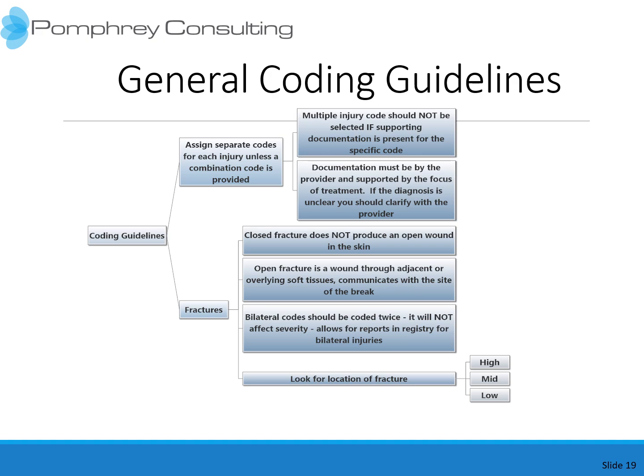From there, there could be 2 options. A multiple injury code should not be selected if supporting documentation is presented for the specific code. So here's a guideline saying you can't just generalize a code. If it is specific within the documentation, based on the guidelines, that is what you have to choose. That is why it's very important that you scan those subterms within the alphabetic index to make sure you're being very specific to what's in the documentation and not generalizing a patient's condition just because that code potentially may be available.